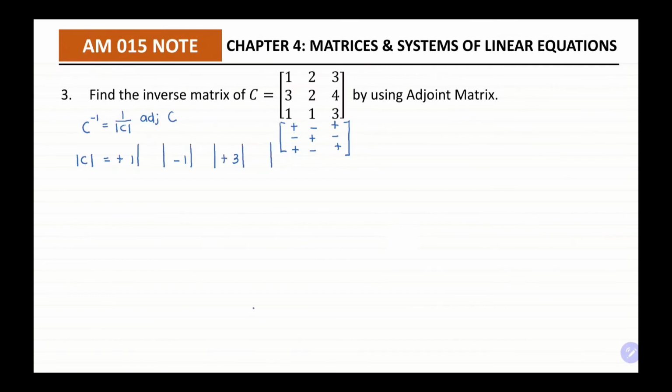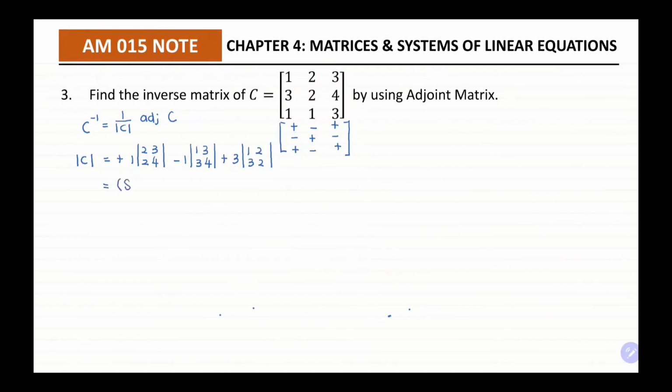Okay, first we close number 1, this one, so we get 2, 3, 2, 4. We close number 1, so we get 1, 3, 3, 4. And last, we close number 3, 1, 2, 3, 2. Then we solve. This one is minor, so we use AD minus BC.